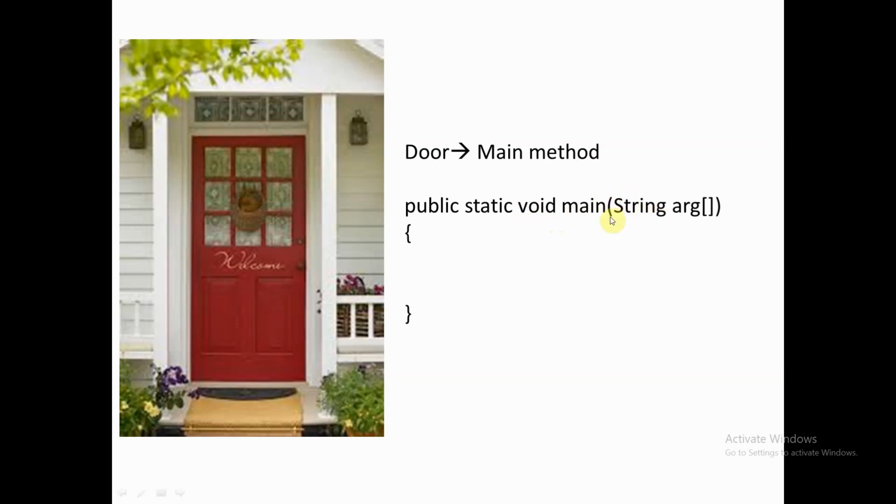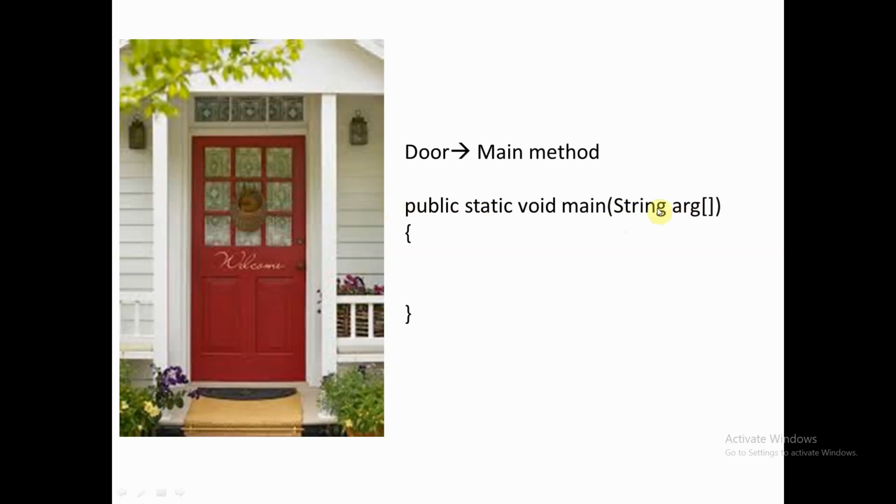We know that in Java, String is like a class, so it should start with a capital S, and it is an array. So this is the name of the array. In this whole line, you can change only the name of the array. It is not always args; you can give a or b or ar, whatever name you want.